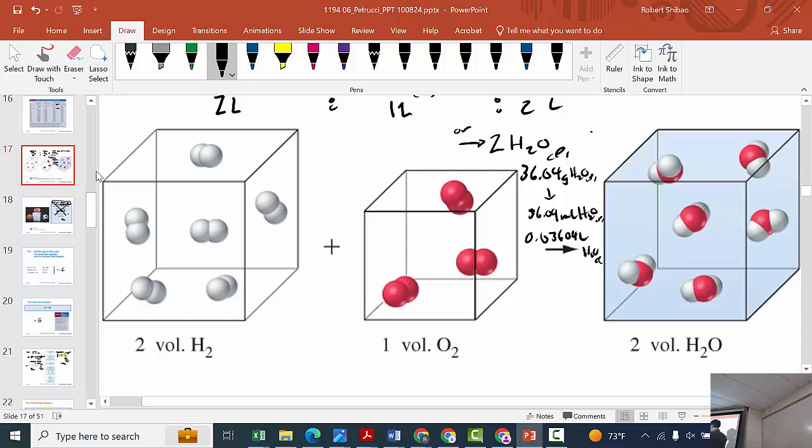So in order to get this reaction in the correct stoichiometric ratio, I can just take one volume of oxygen and two volumes of hydrogen and mix it together. And so it could be like 1 liter of oxygen plus 2 liters of hydrogen, or it could be like 10 liters of oxygen. 10 liters of oxygen would require 20 liters of hydrogen. Or 1 gallon of oxygen would require 2 gallons of hydrogen. So we mix them into the one ratio. That's called an Avogadro's mixture.